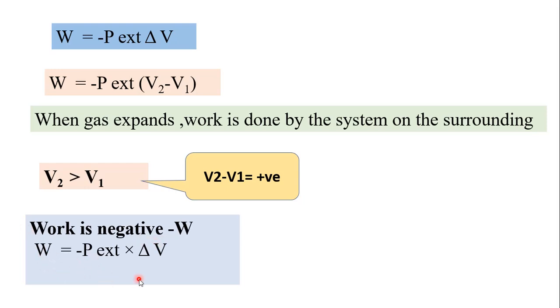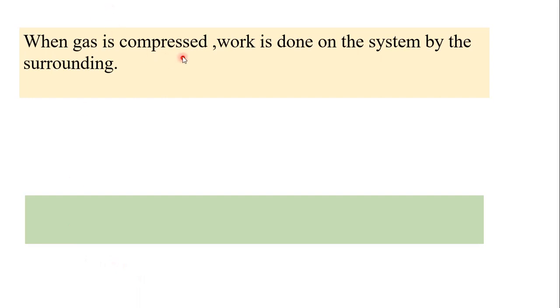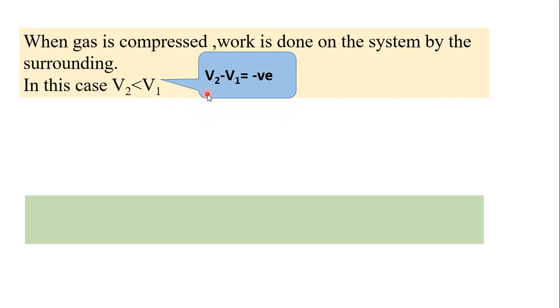But when the gas is compressed, work is done on the system by the surroundings. In such a case, V2 is less than V1, and therefore V2 minus V1 is a negative value, that means delta V is negative.